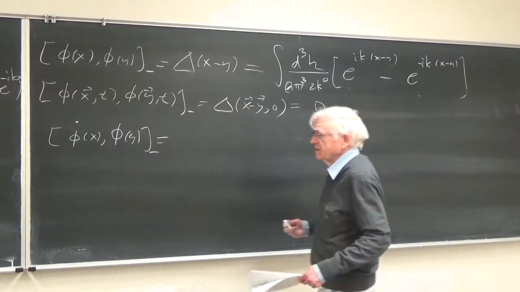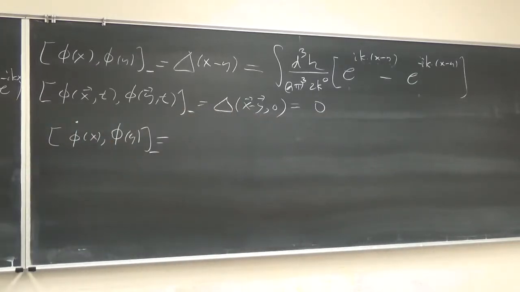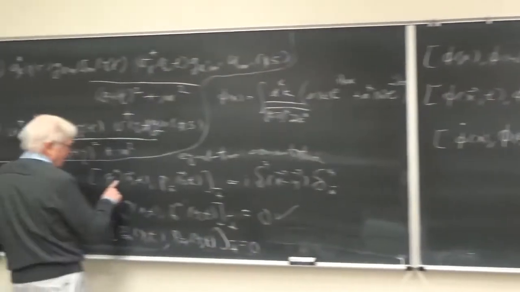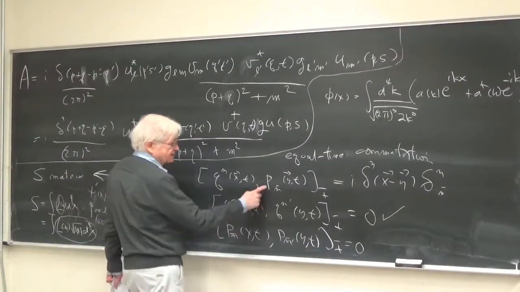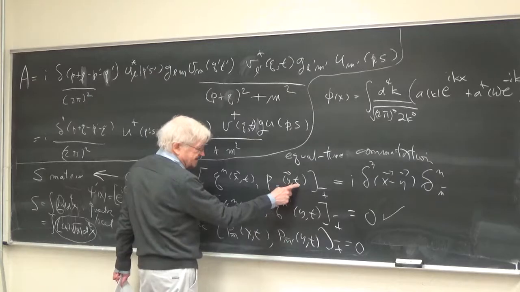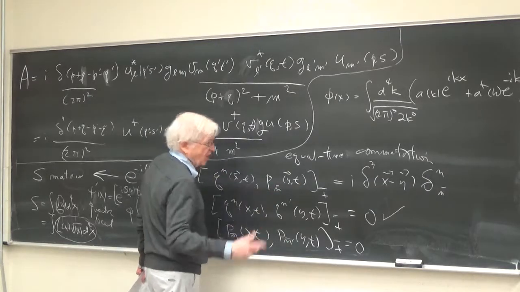In other words, if q of x and t is phi of x and t, then p of y and t is phi dot of y and t.